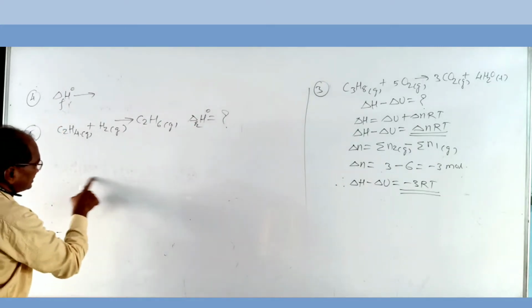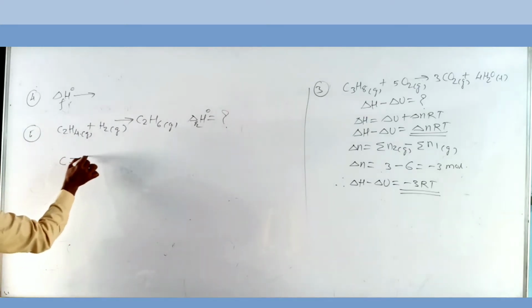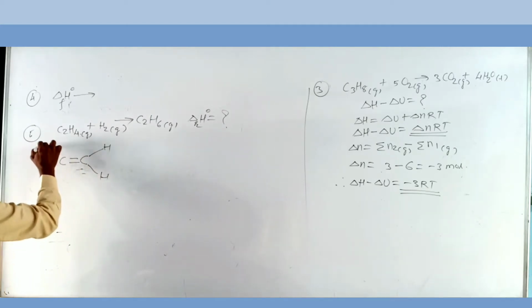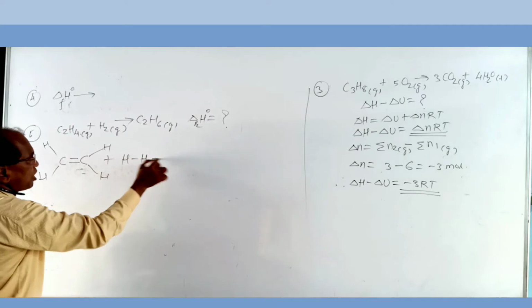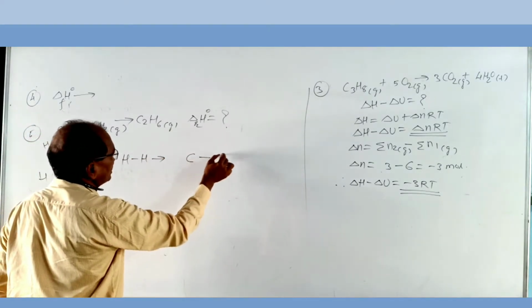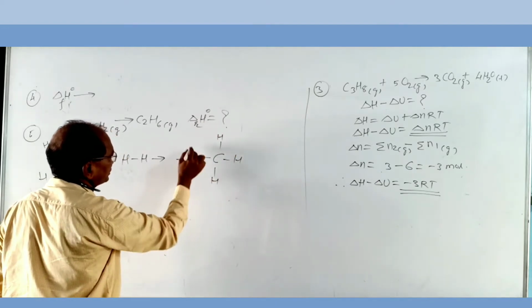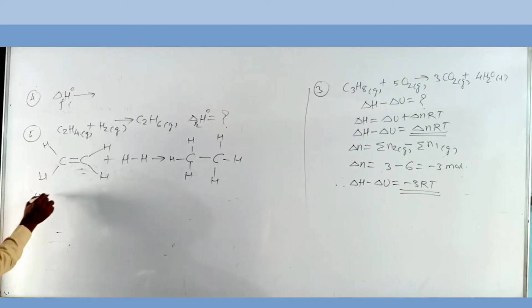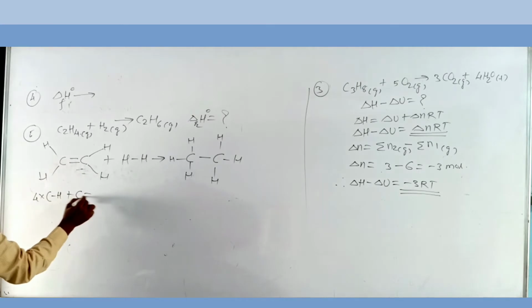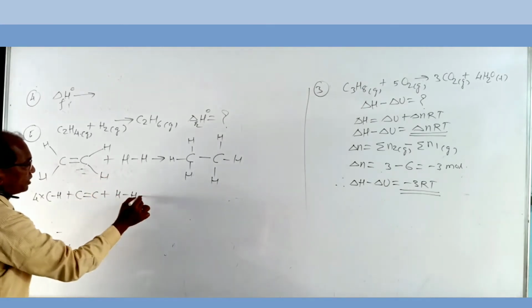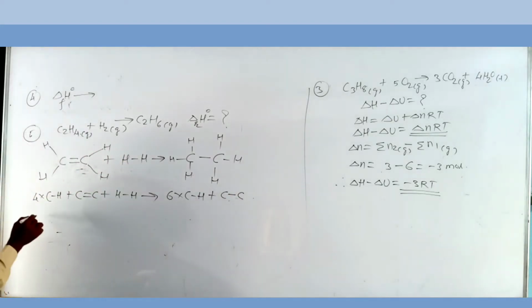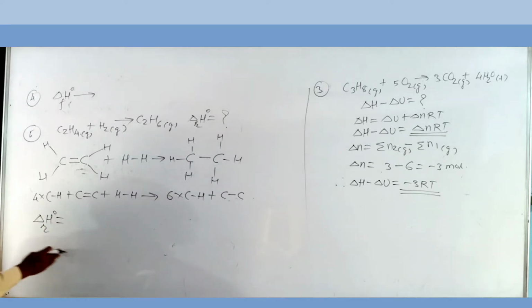This reaction can be written in the form of bonds. That is C double bond C and H, here H and here also H, plus H-H bond, giving C single bond C and H. This means there are 4 C-H bonds, 4 into C-H, plus 1 C double bond C plus 1 H-H bond, which give rise to 6 C-H bonds plus a C single bond C. Delta H0 of reaction, the standard enthalpy of reaction, can be calculated from bond enthalpy.